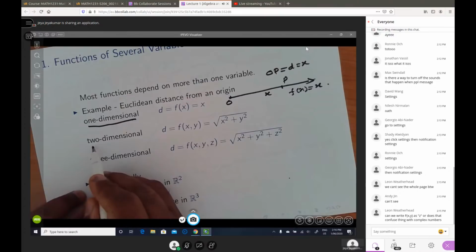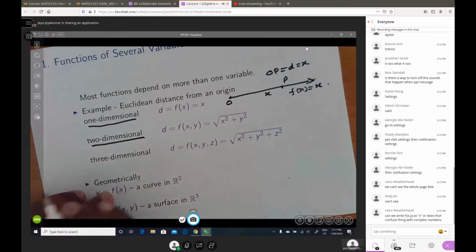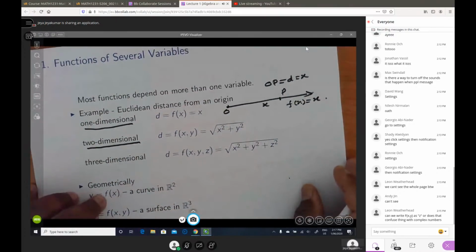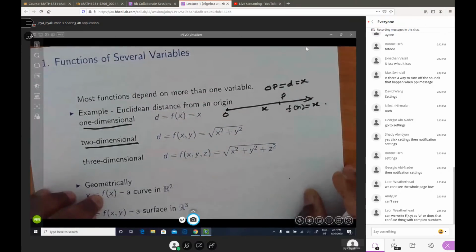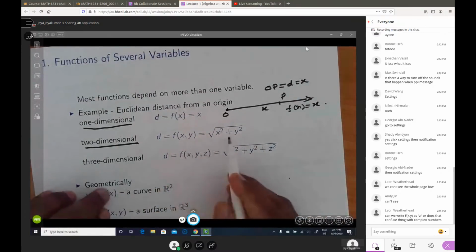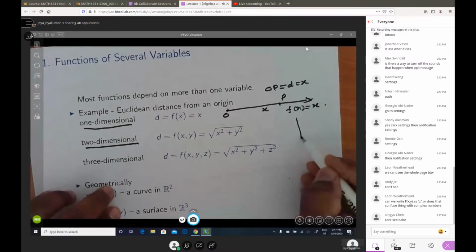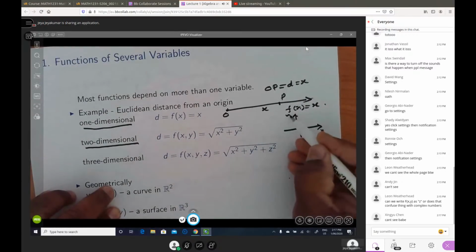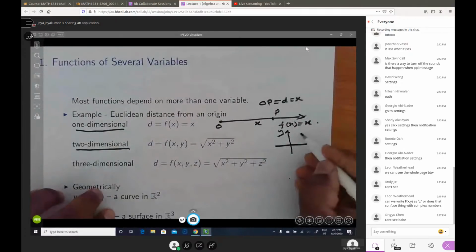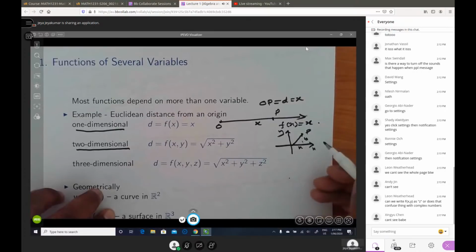Now, let's look at the two-dimensional case. The equivalent distance from the origin can be given like this. In the two-dimensional case, x and y, there's a point P here. This is x, this is y.